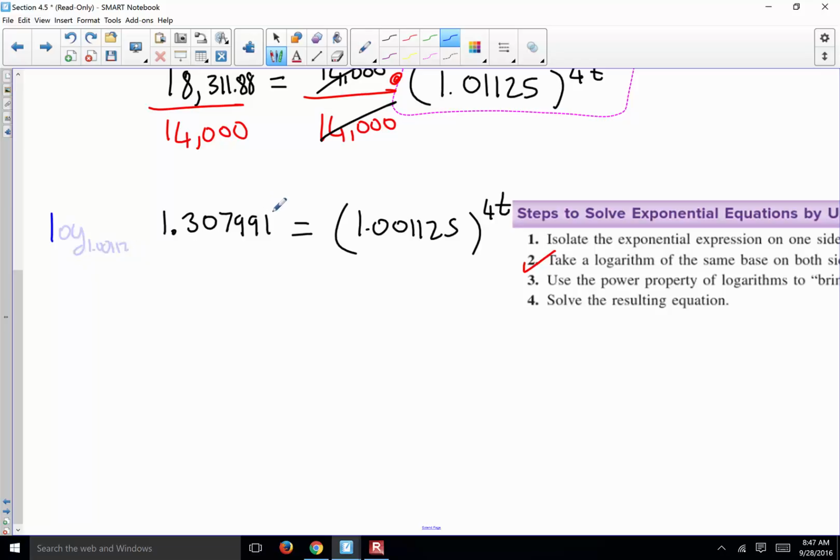So we like ln better, right? Let's go with ln. Otherwise, you need to go with the change of base formula to compute t. And this will bring this exponent in front.